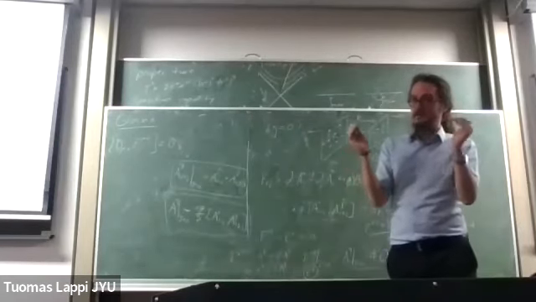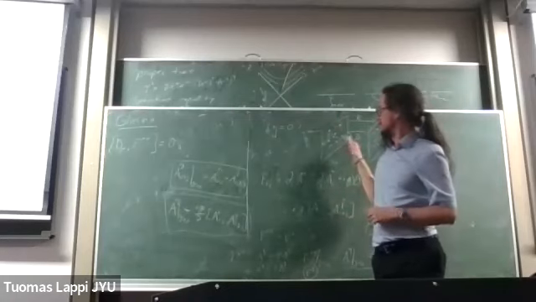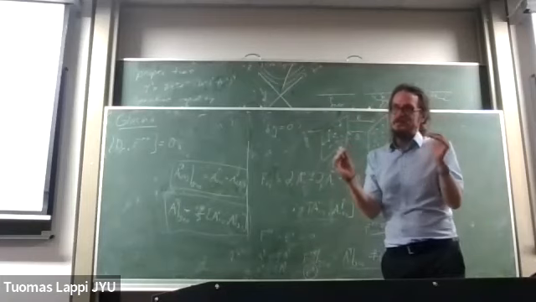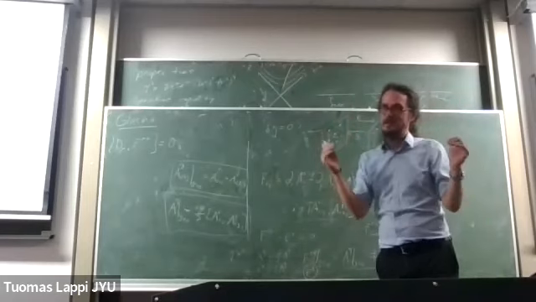Your rho correlation is color singlet, so you can figure out that the expectation value of E dot B is 0, but the expectation value of E dot B squared is not 0.